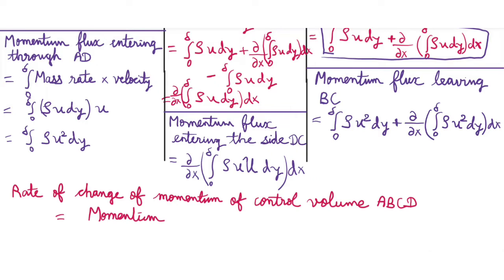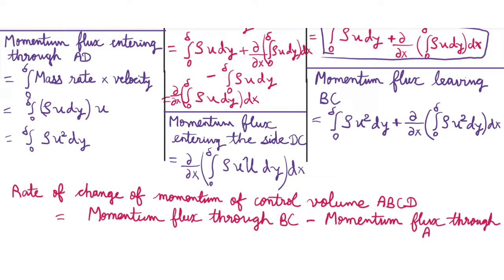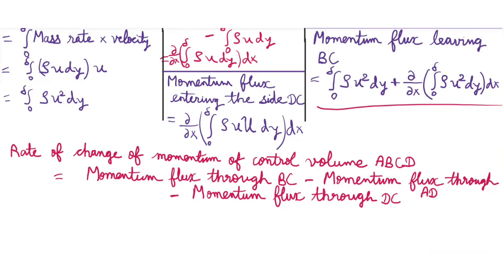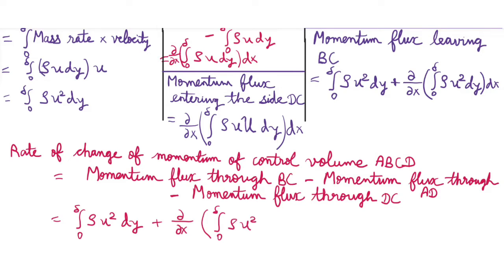So the rate of change of momentum will be equal to the momentum flux through BC minus momentum flux through AD minus momentum flux through DC. This is how we'll find the rate of change of momentum for the control volume ABCD. We already have all of these three equations. Momentum flux leaving BC is integration 0 to delta rho u square dy plus del by del x integration 0 to delta rho u square dy into dx.